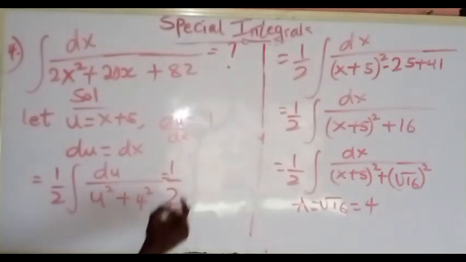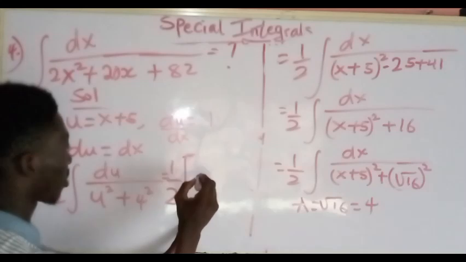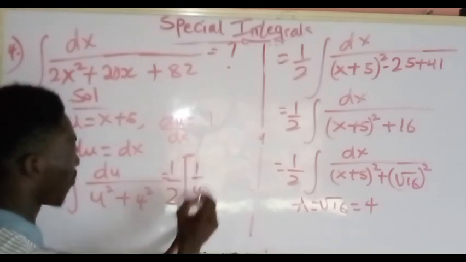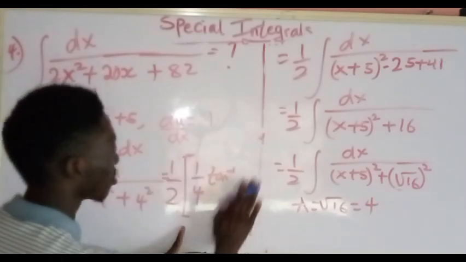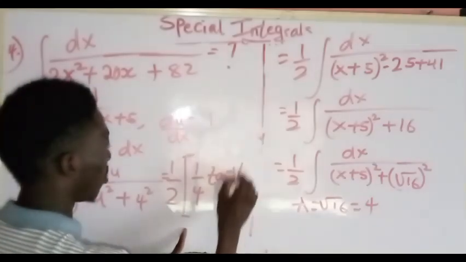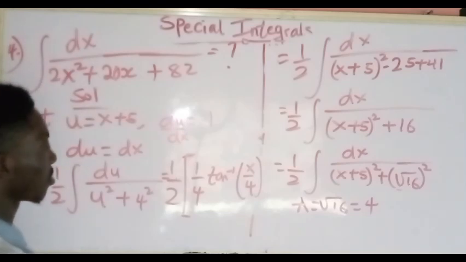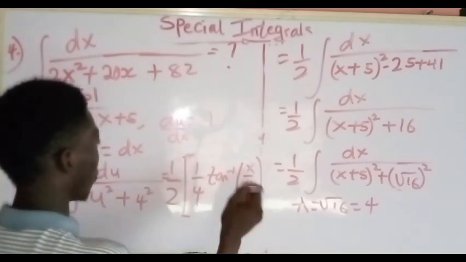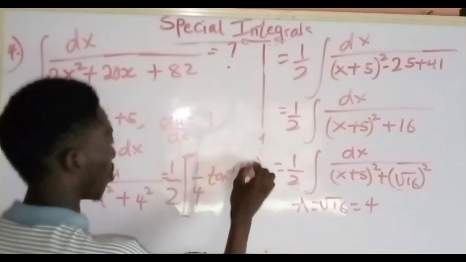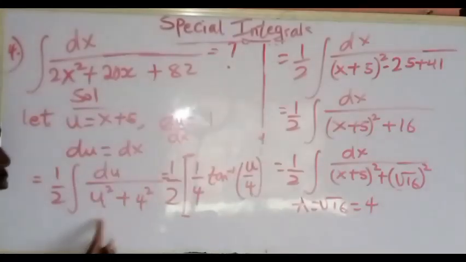Remember, this half is outside. So you end up having 1 over 4 tan inverse of u over 4.